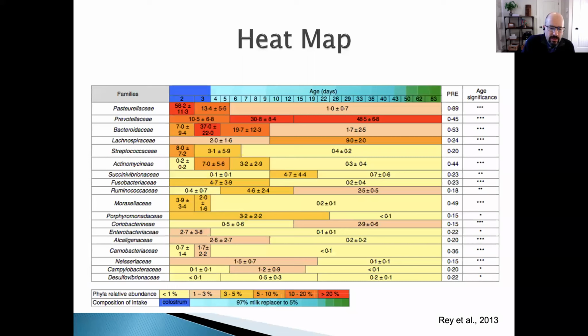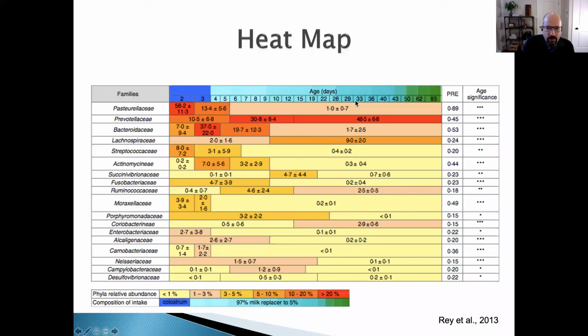Here is another one, so let's find the legend. Here we have the different colors. It's again relative abundance at the different phyla. And here is a legend of the period. So those in blue are the time when they were getting colostrum, so newborn calves.